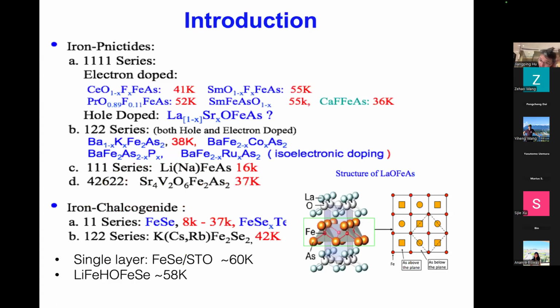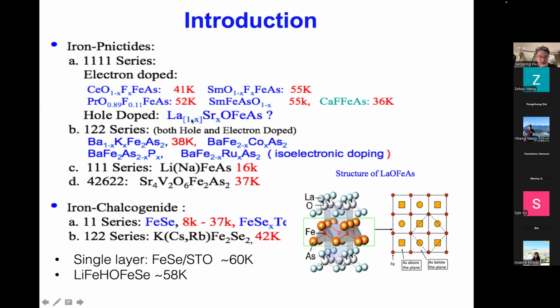Iron-based superconductors were discovered in 2008, almost 16 years ago. And over time, many different iron-based superconductor materials have been discovered and named 1111, 122, 111, these digital numbers.